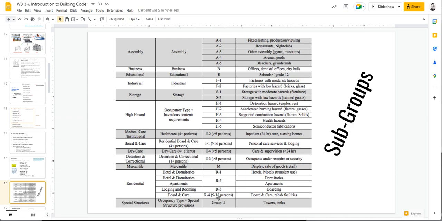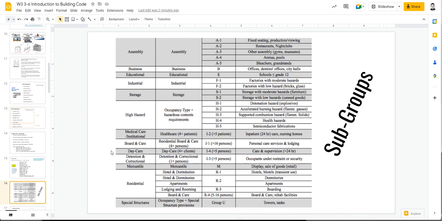And then you got R4, which is a house that's built like a house, but not built like an apartment, and it provides care or rehabilitation facilities. These are for home care businesses that are operating out of a house. Okay, so we have subgroups on that one.